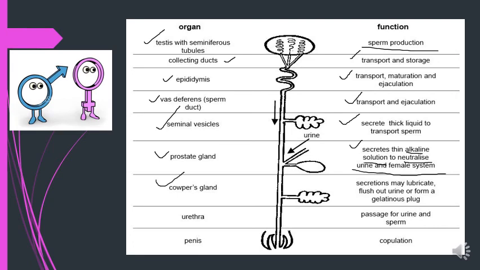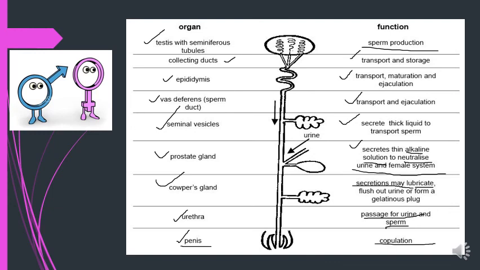It secretes a lubricating fluid, which transports the sperm. Next is the urethra, which is very important for the passage of urine and sperm. Last is the penis, and it is very important for copulation.